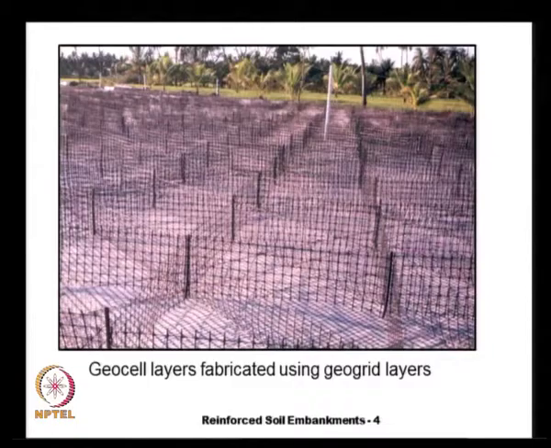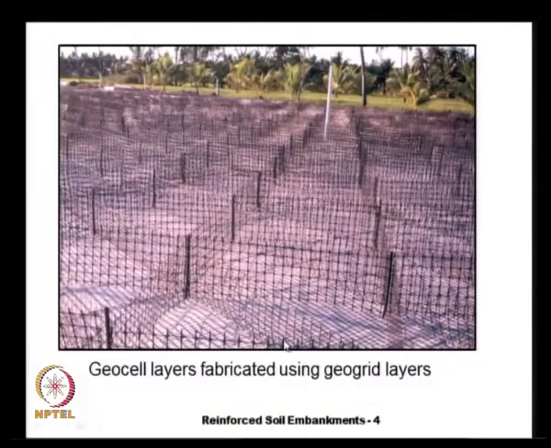And now let us see some practical aspects on how to construct the geocell layer. The geocell layer is usually constructed out of biaxial type geogrids. The biaxial, as we know, are the geogrids that have significant tensile strengths in both the principal directions, and here we see typical biaxial geogrids.